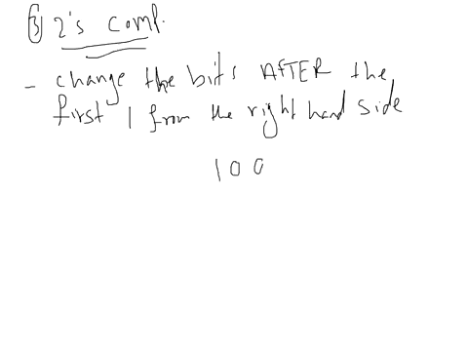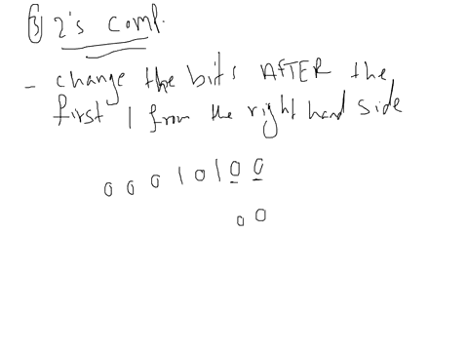For example, if I give you this number 0 0 1 0 1 0 0 0, and I ask you to find out its 2's complement, what do you do? You scan the number from the right until you find the first one. So this number is 0, it will come down as it is.